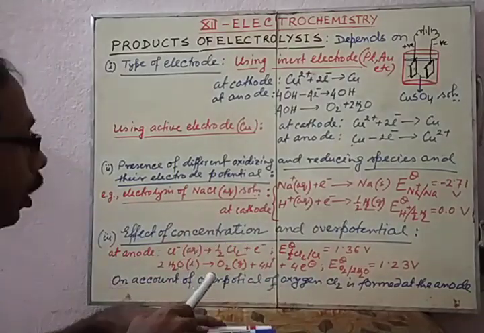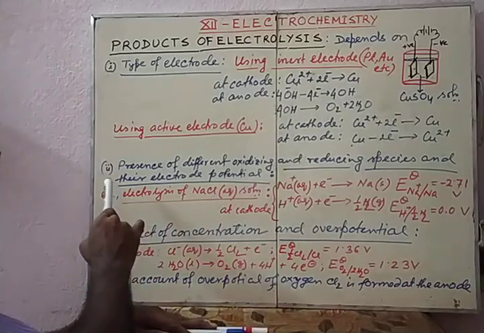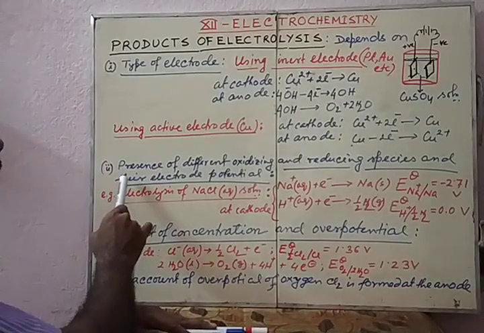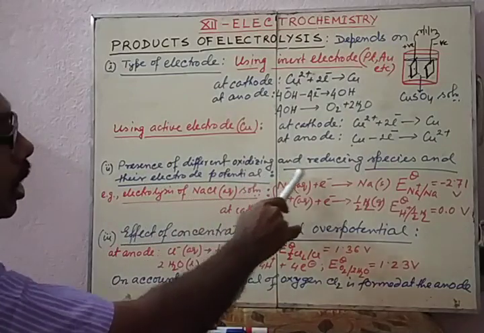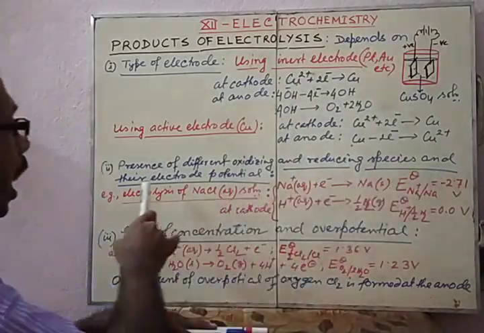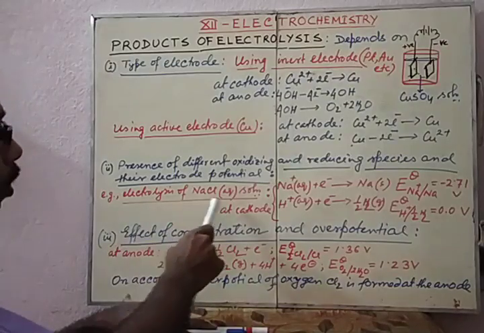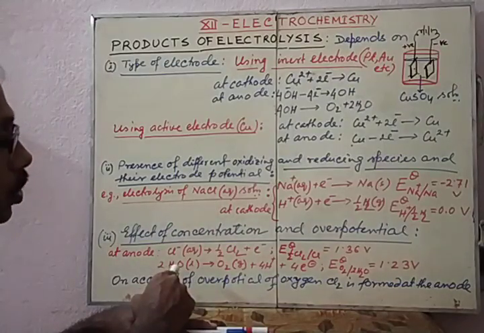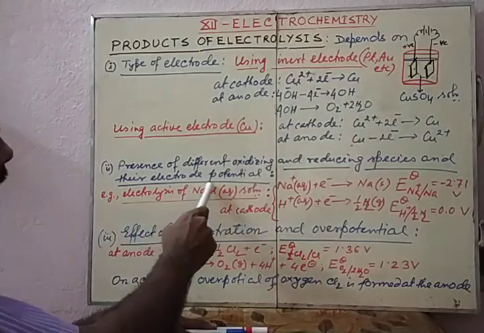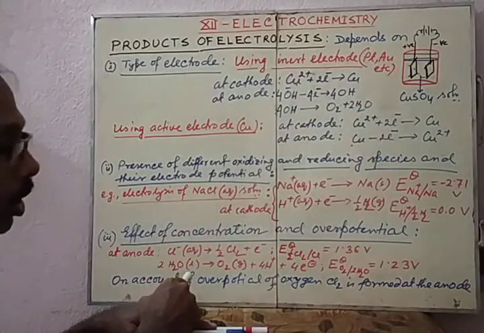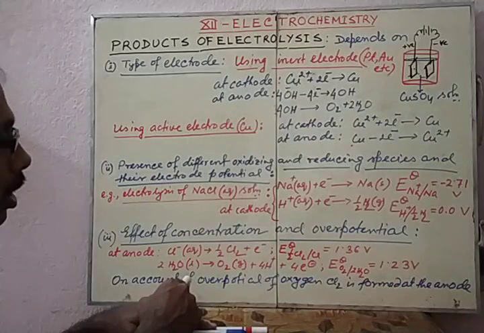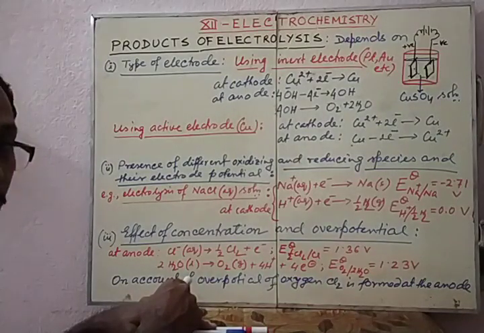Now the second point on which the product of electrolysis depends is the presence of different oxidizing and reducing species and their electrode potential. Suppose we are talking about electrolysis of NaCl solution. For NaCl, Na plus and Cl minus ions come into the solution, and ionization of water gives H plus and OH minus ions.